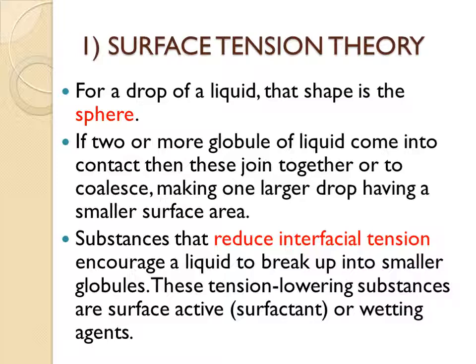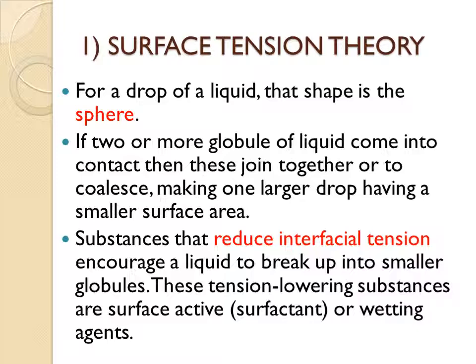Next, the substances we add into the emulsion cause the interfacial tension to be reduced. When the interfacial tension is reduced, it allows the breaking of large globules into smaller ones, and this gives effective formation of the emulsion, which is also stabilized by these surface active agents.